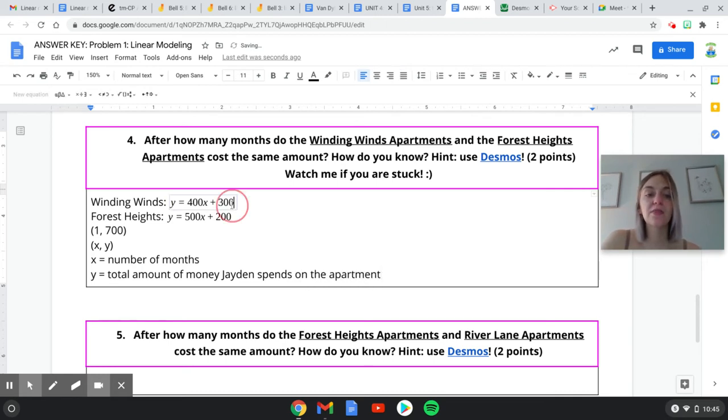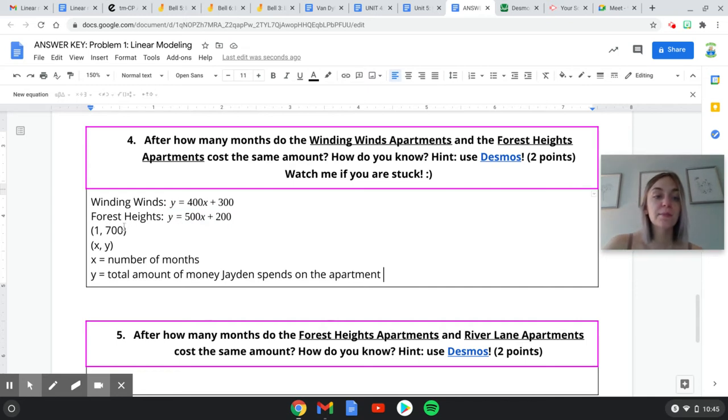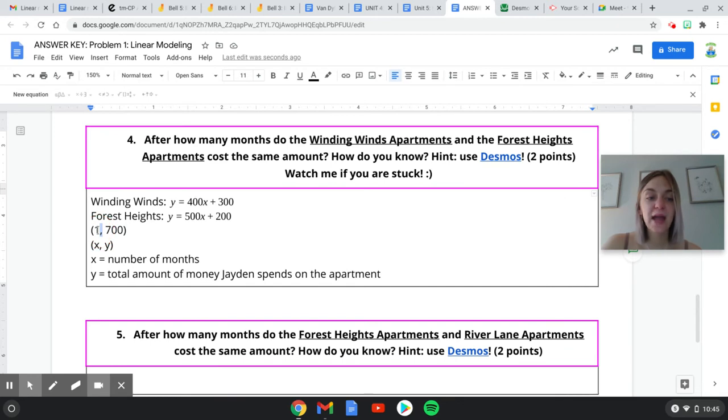When we're putting these 2 pieces together, our Y tells us the total amount of how much she's spending. So the monthly cost plus the startup fee, the down payment, that's the same for the Forest Heights apartment. The 500x tells us our rent, the 200 is the initial payment. So when I'm looking at my ordered pair, 1 gives me x, so 1 gives me the number of months, and y gives me the amount she's spending on the apartment, so 700 on the apartment.